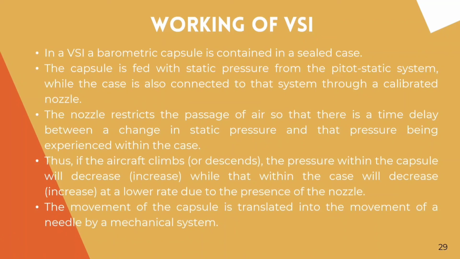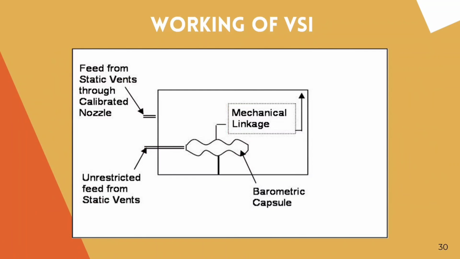Thus, if the aircraft climbs or descends, the pressure within the capsule will change immediately, while within the case it will change at a lower rate due to the presence of the nozzle. The movement of the capsule is translated into a movement of a needle by a mechanical system. Have a look at this picture of the working of VSI.